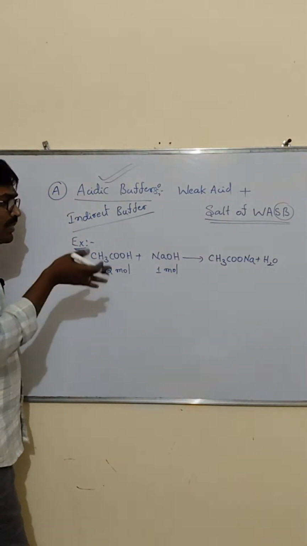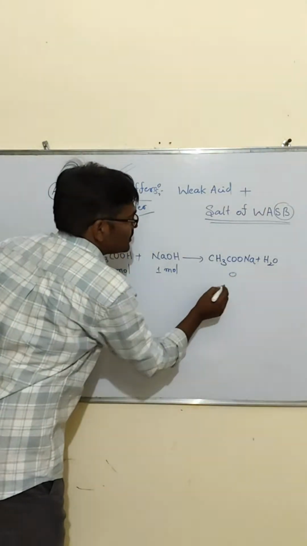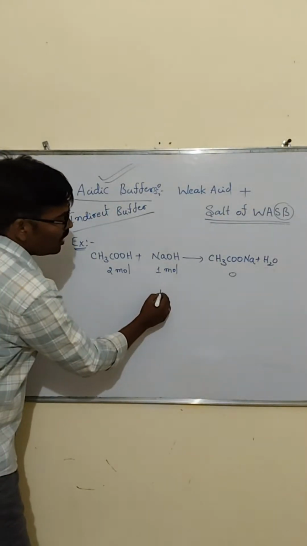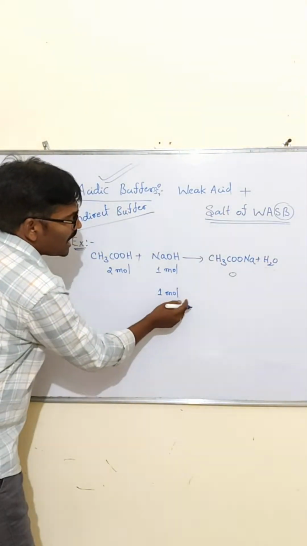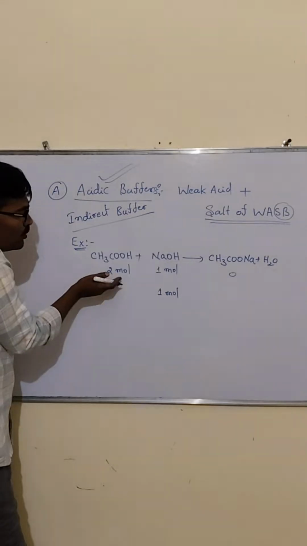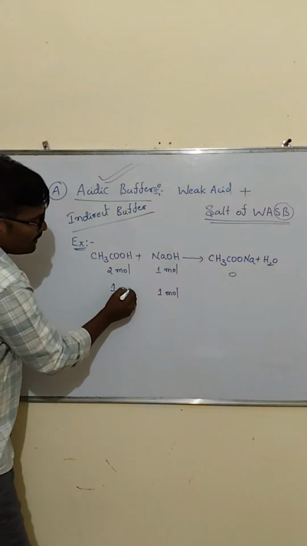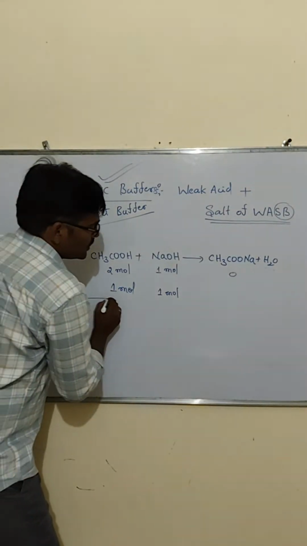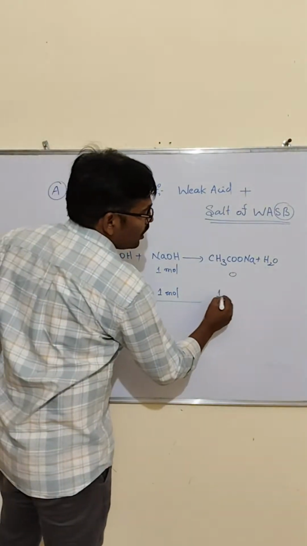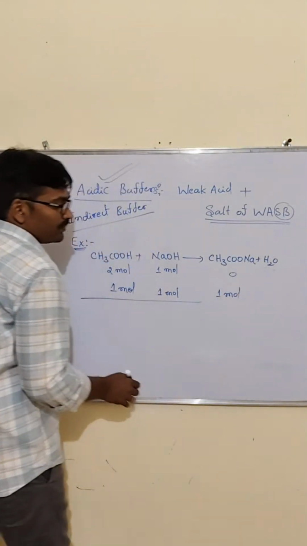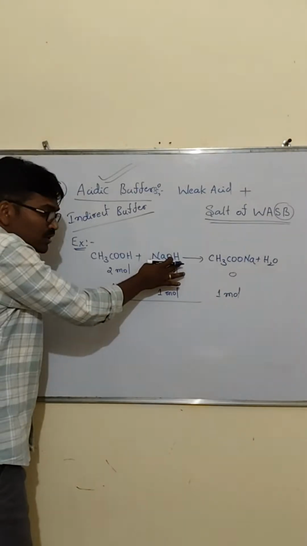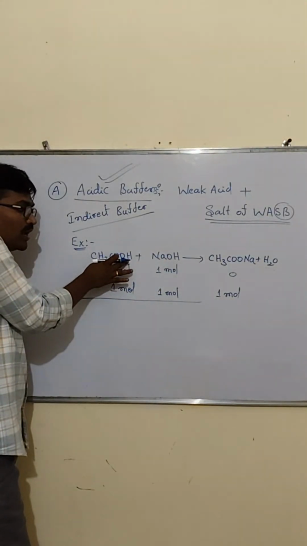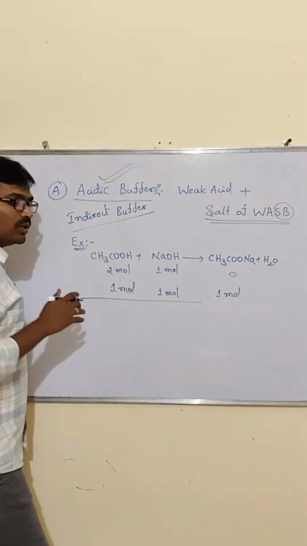In case the 1 mole of base completely reacts with 1 mole of acid, now 1 mole of salt will be formed. 1 mole of base and 1 mole of acid react and 1 mole of salt is formed.